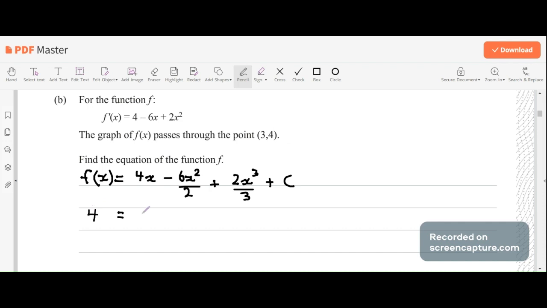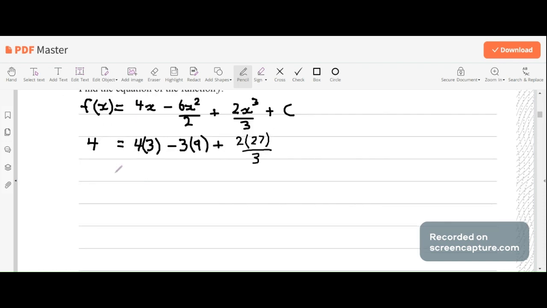This is going to be 4 times 3, minus 6 times 9, because that's what 3 squared is, plus 2 times 27, because that's 3 to the power of 3, over 3. Okie dokie. I forgot the plus c again.